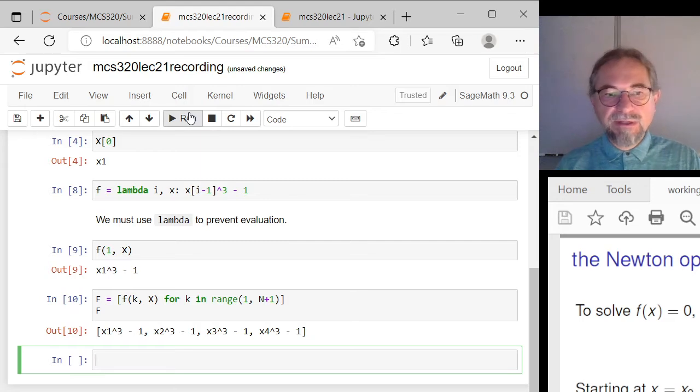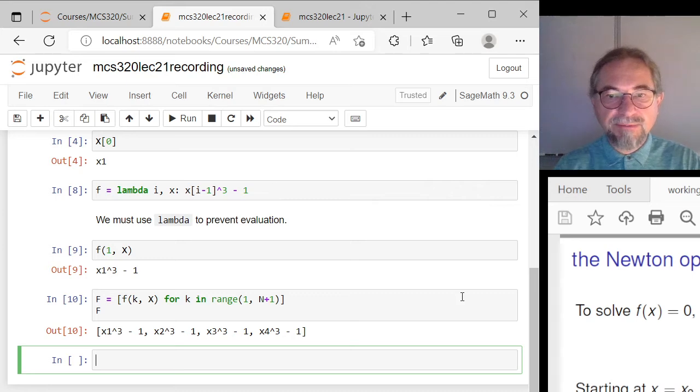So we have the big X, which is the list of the variables that is here that replaces the formal parameter little x in the definition of f. Similarly, I use the k here to make that distinction. So k is a local variable within the list comprehension. It replaces the little i in the definition of f.